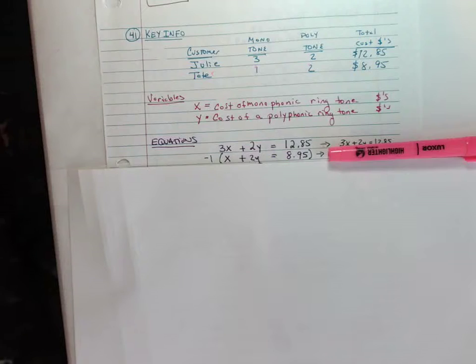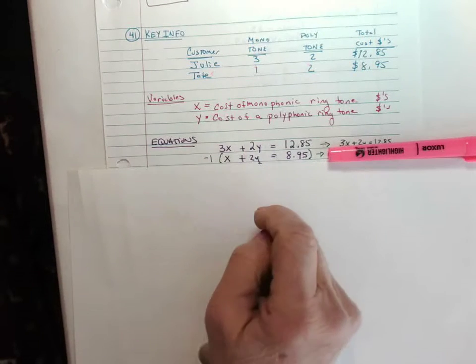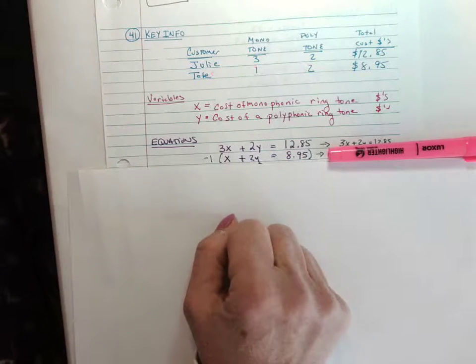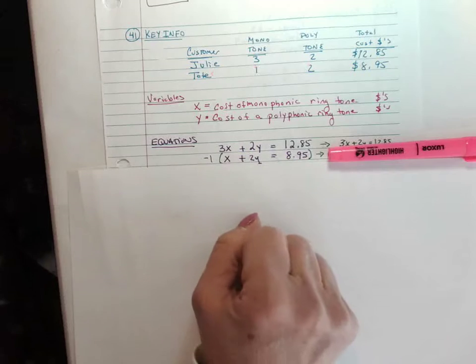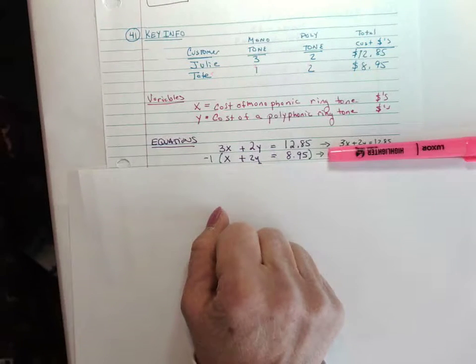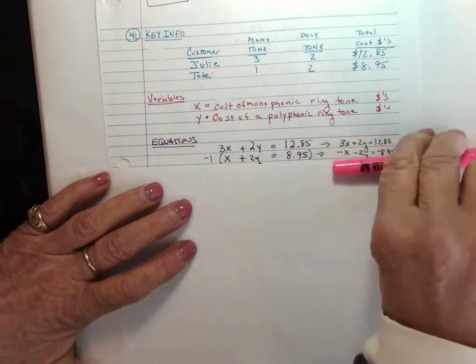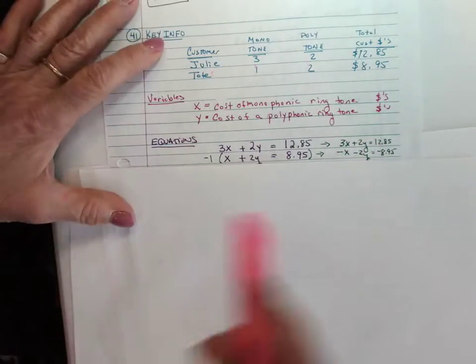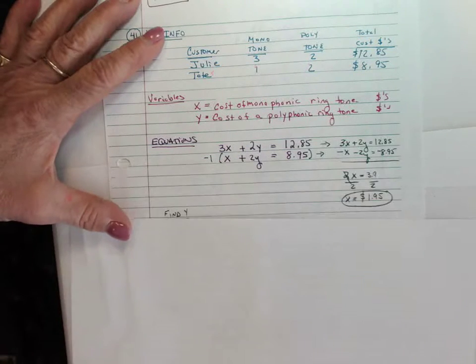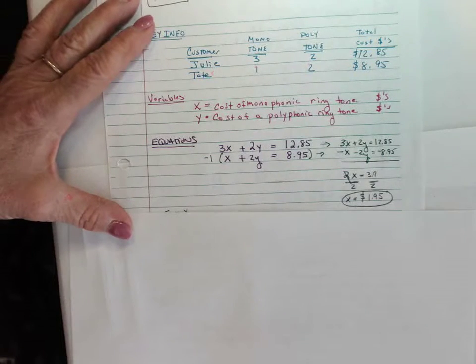Now, in this case right here, you can see that we have our Y variable. It has the same coefficient. So in order to use the elimination method, we multiply one of the equations, in this case the bottom one, by -1. We get these 2 equations. We solve for X, and we get X is $1.95.